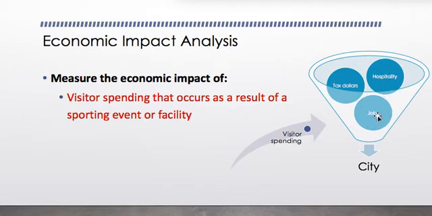Ultimately, jobs are justified or created from that visitor spending, and all of this is a positive result for the city, right? So if you can measure economic impact and show that a sports facility or event is having a positive impact on that community, that could be a really great justification for bringing a sporting event back.